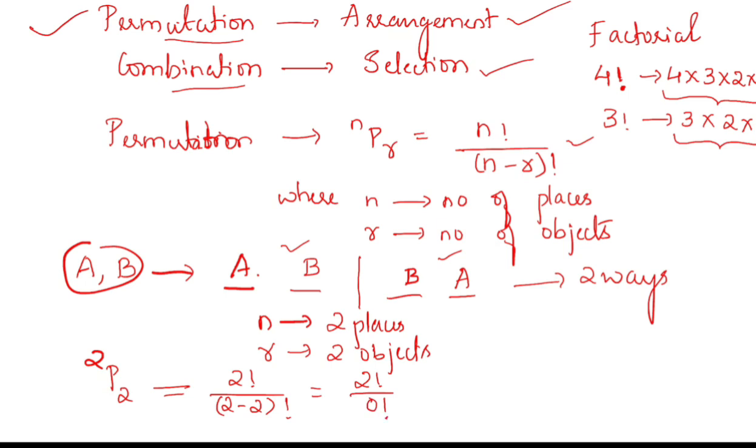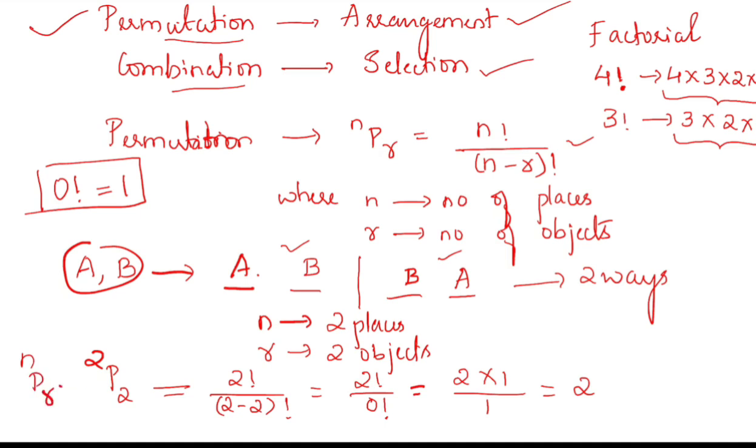One thing to always remember: 0 factorial is always equal to 1, not 0. So 2 factorial is 2 into 1 and 0 factorial is 1, so this is equal to 2. We got the same answer: A and B can be arranged in 2 ways.